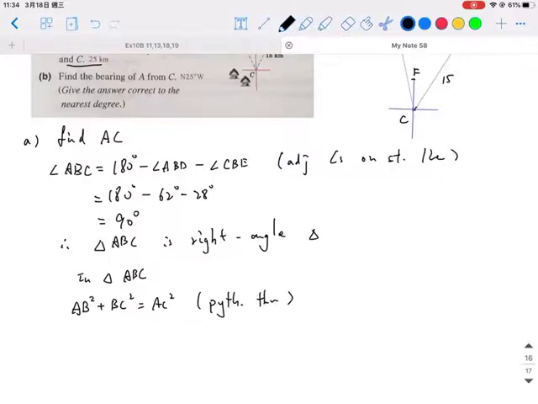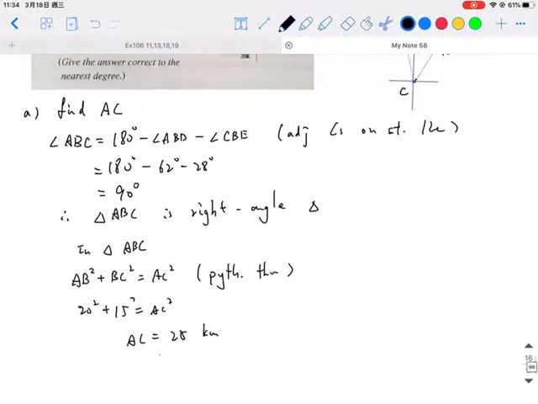Then you substitute the numbers in, and you get AC equal to 25 kilometers. Don't forget to write down the conclusion.